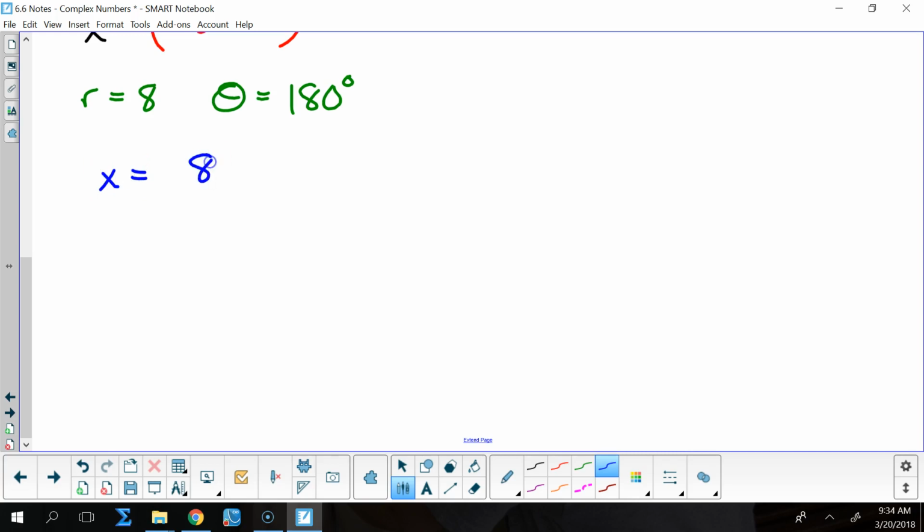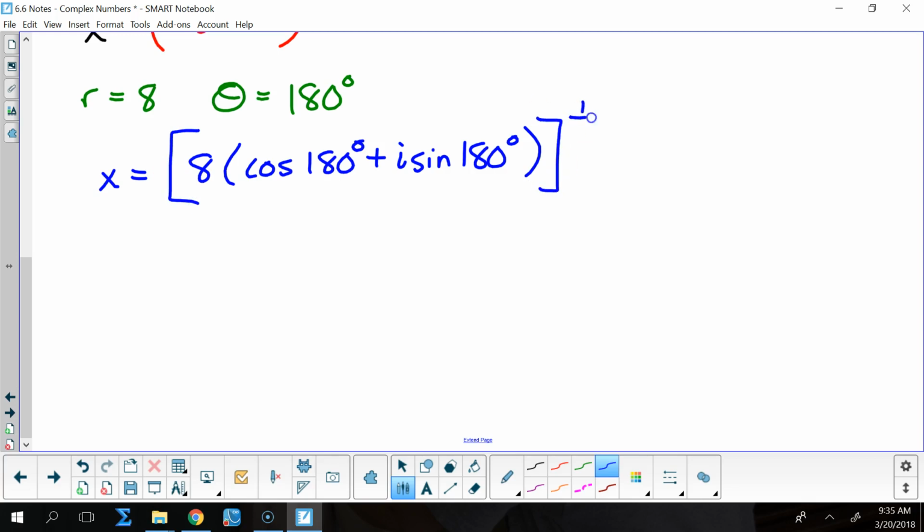Okay? So that, written in trig form, x here now is going to equal 8 times the cosine of 180° plus i times the sine of 180°. And all of that is going to be taken still to the 1/3 power. Now we can apply de Moivre. What does de Moivre tell us that we need to do?